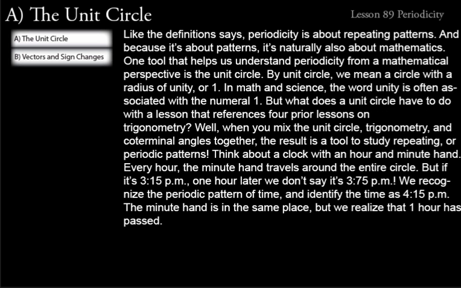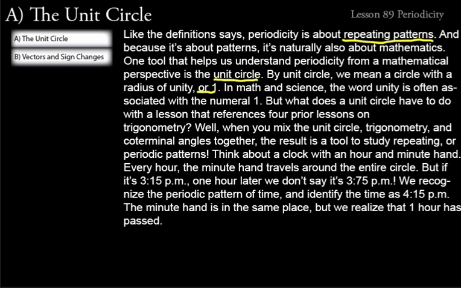Now, like the definition says, periodicity is about repeating patterns. And because it's about patterns, like Alfred North Whitehead said, it's naturally about mathematics as well. One tool that helps us understand periodicity from a mathematical perspective is the unit circle, by which we mean a circle with a radius of unity, or a radius of 1.